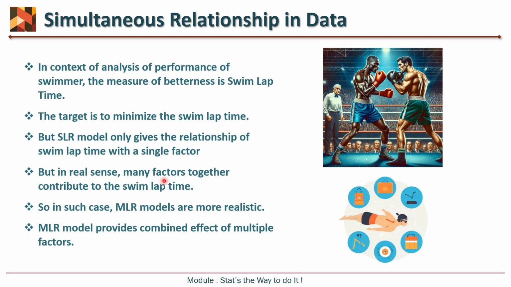But in real sense, many factors together contribute to the swim lap time. So it is something like one fighter in a boxing ring is fighting with more than one fighters on the opposite side. You can say many people are fighting with a single boxer. That is the real life case.